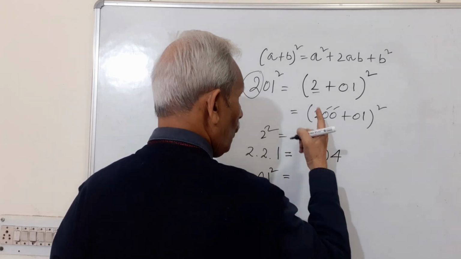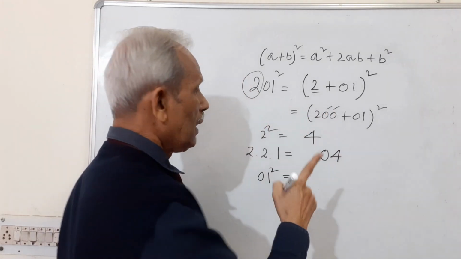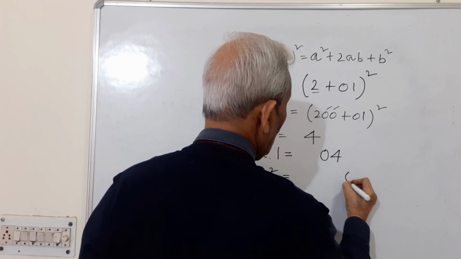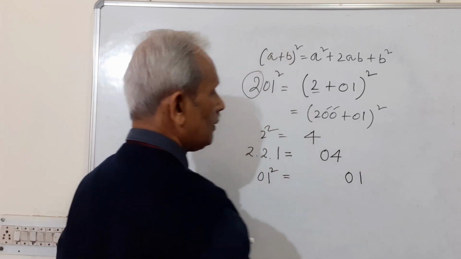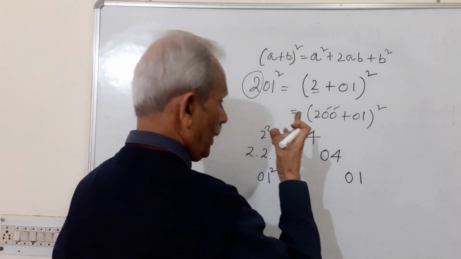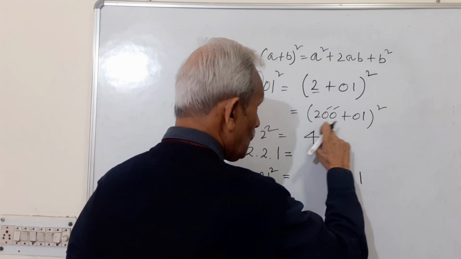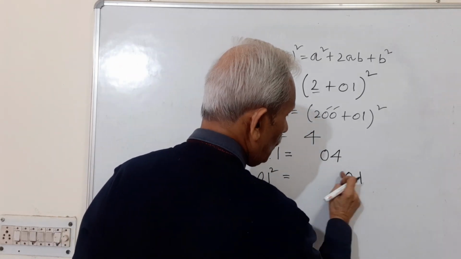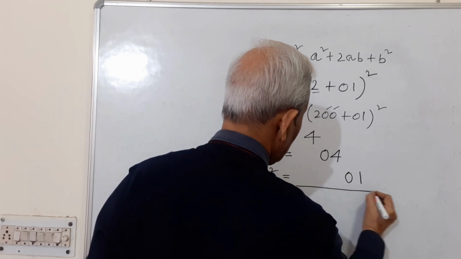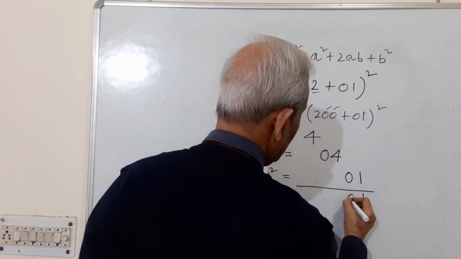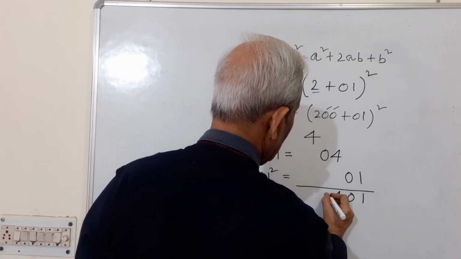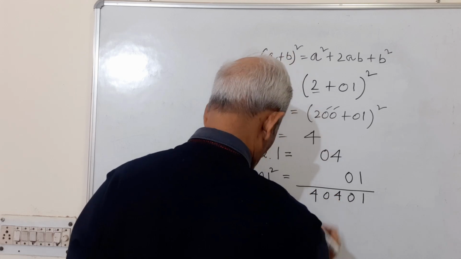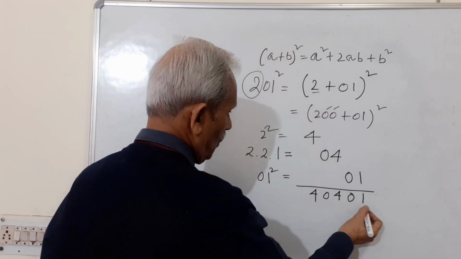Again here we require to leave 2 spaces, so we write 0 1. Now the answer is 4 0 4 0 1.